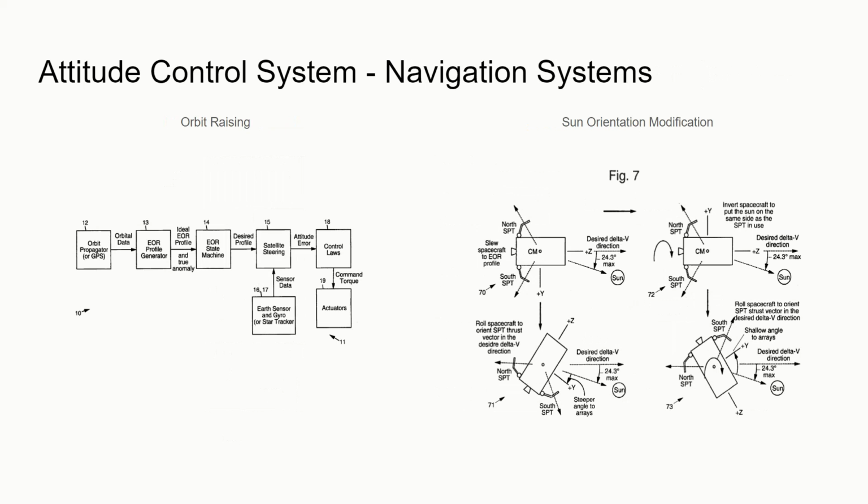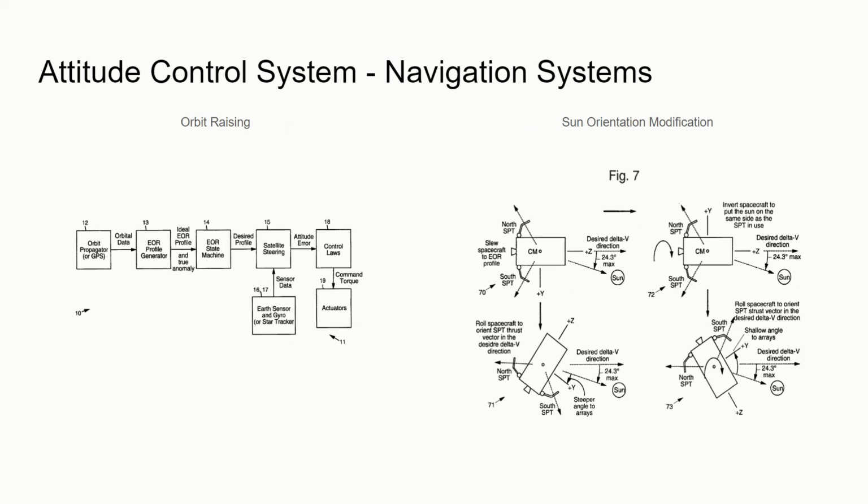And then the second part is about the navigation system, which consists of orbit tracing, sun orientation modification, and orbit transfer. For orbit tracing, this is the flow chart of the process, which starts from location determination and ends with actuator execution.